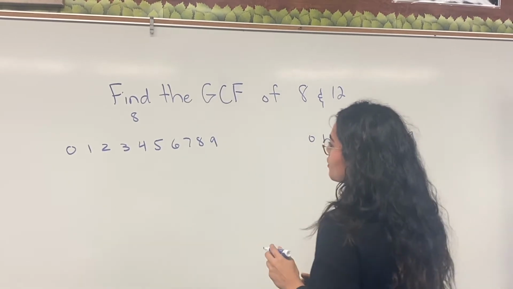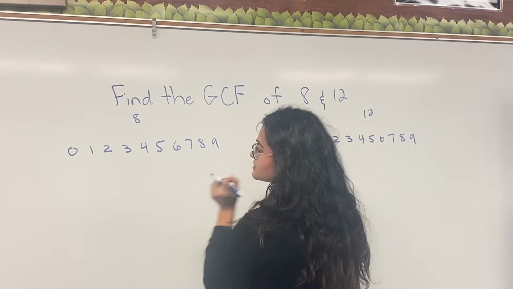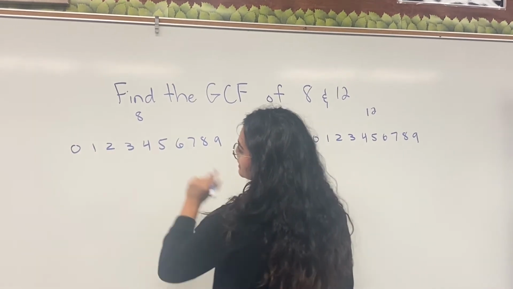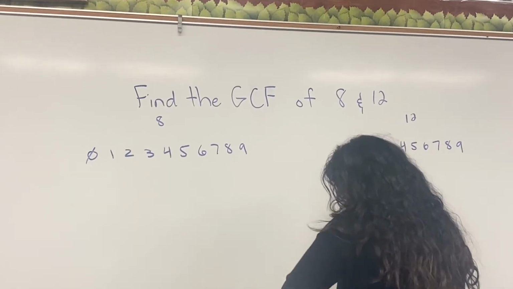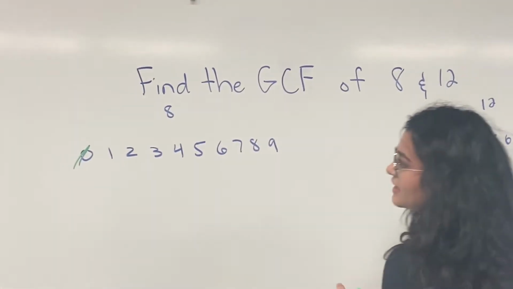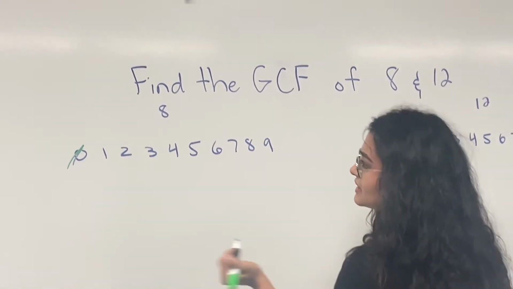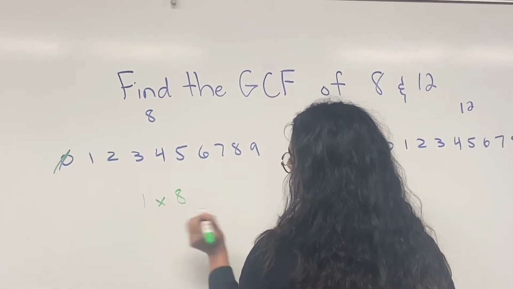Okay, so we're going to go through the list and see what the factors of 8 are. Does anything times 0 equal 8? No, and I'm going to use green to cross out my numbers. Does anything times 1 equal 8? Yes. So I'm going to write 1 times 8, and that equals 8.